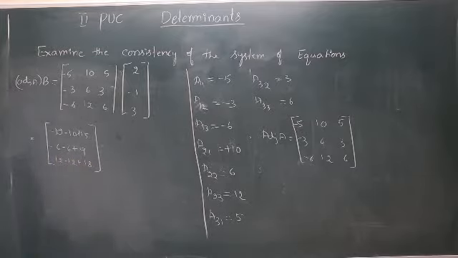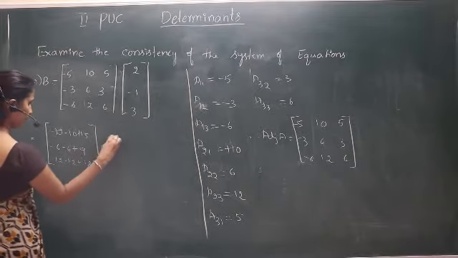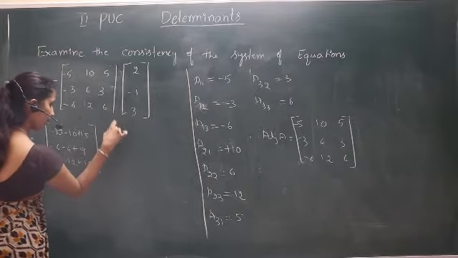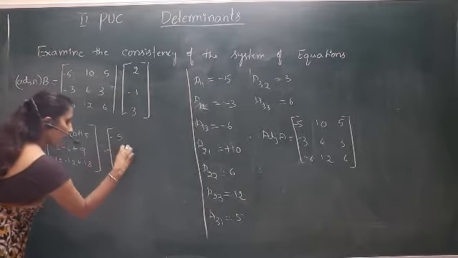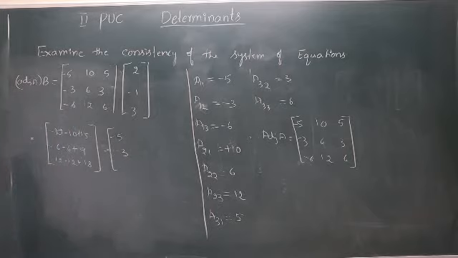So first entry, minus 10 minus 20 plus 15 plus 15 is 5 minus 5. The second, minus 6 minus 12 plus 9 is minus 3. And here minus 24 plus 18 is minus 6.